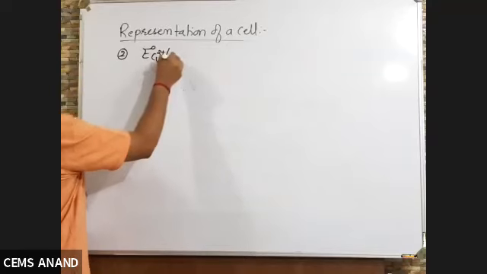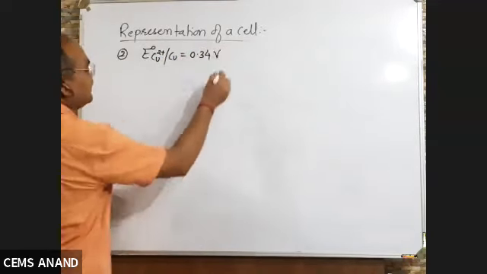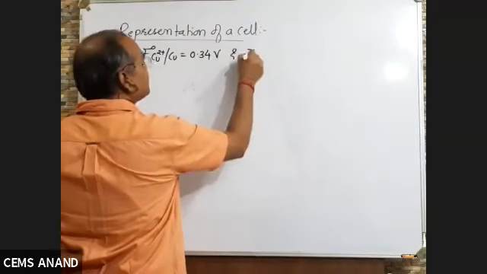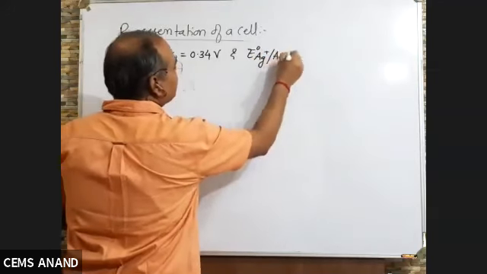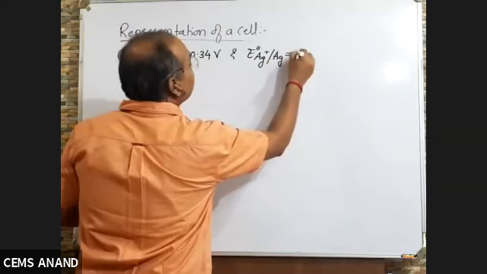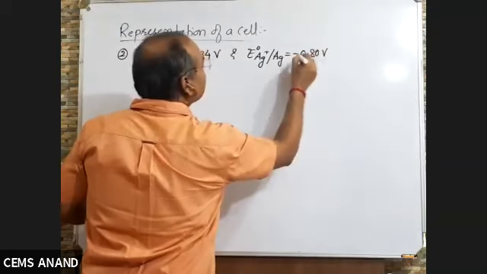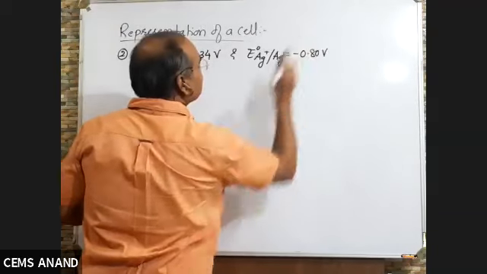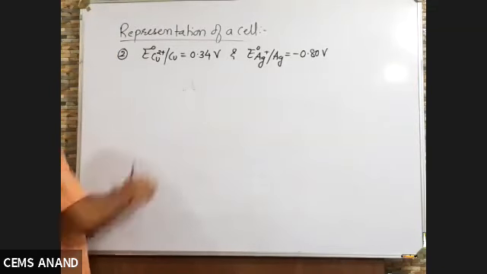E0 Cu2+/Cu is 0.34 volt, and E0 Ag+/Ag is equal to 0.80 volt. Suppose these two values are given to you, right?